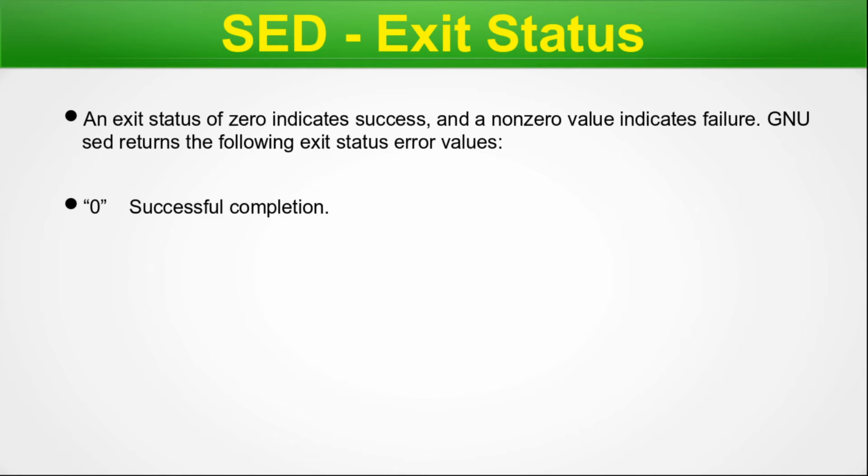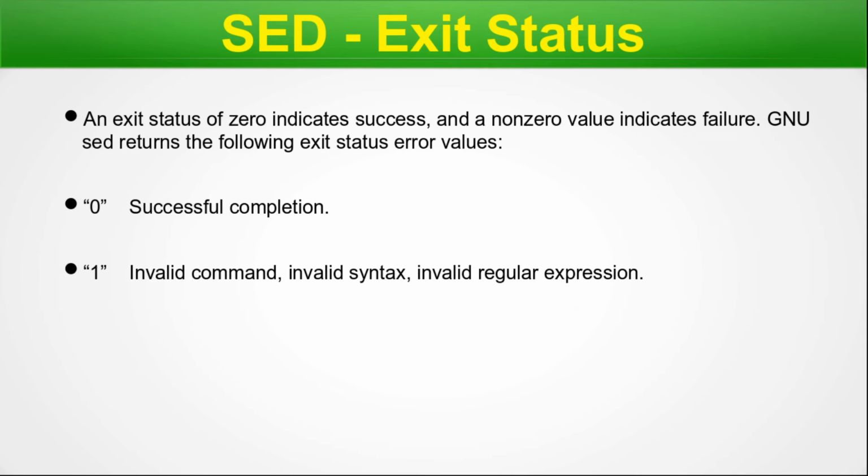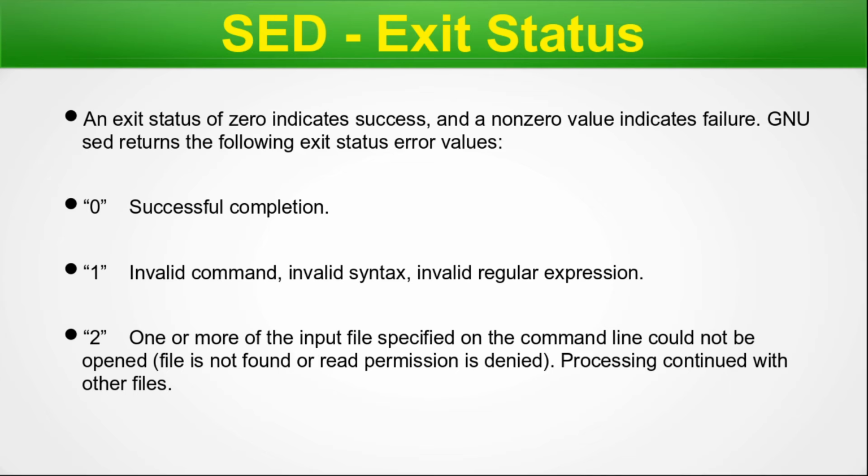0 is a successful completion. 1 is an invalid command, invalid syntax, or invalid regular expression. So it gives invalid whatever, it could be your command, your syntax, or your regex. 2 means one or more of the input files specified on the command line could not be opened, that is, the file is not found or read permission is denied.